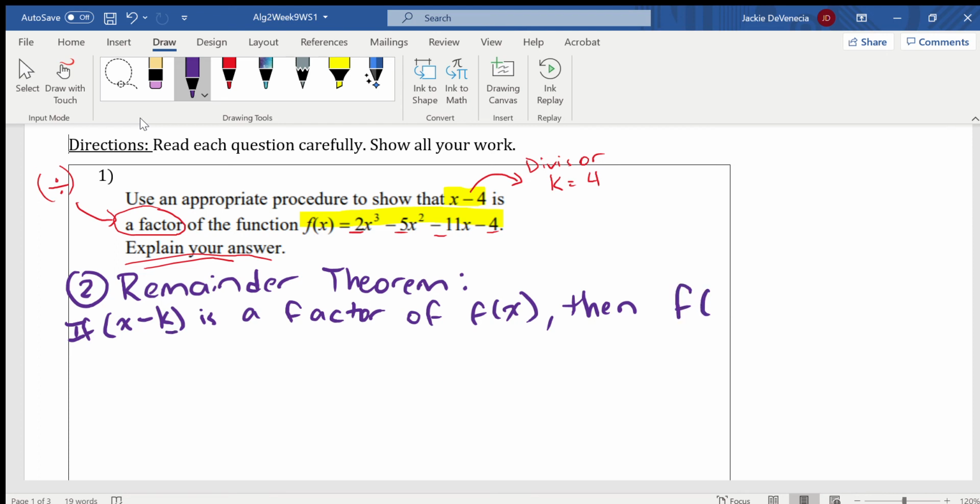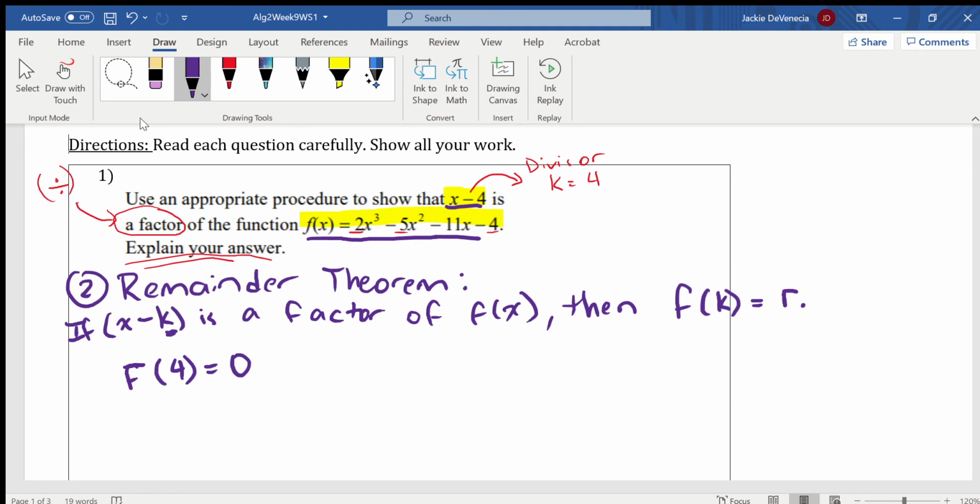if we take the k from here, the opposite of it, and plug it into the original function, we're going to get the remainder. So going by this theorem, if this x minus 4 is a factor of f of x, then when we plug in the 4 into our function, we should get 0.